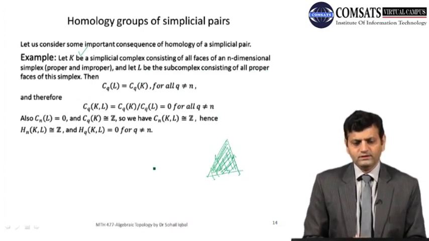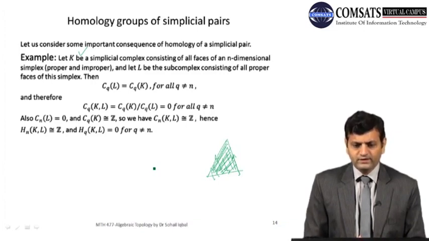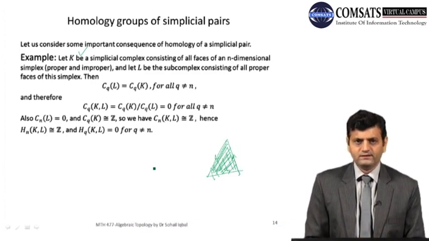Now, for example, if the dimension of K is n, then when we take L to be the subcomplex consisting of all proper faces of this simplex, L will not contain any simplex of dimension n. It will only contain simplices of dimension n minus 1 or less.